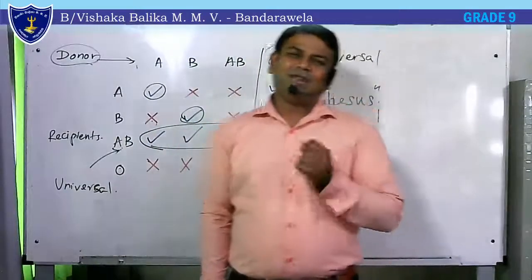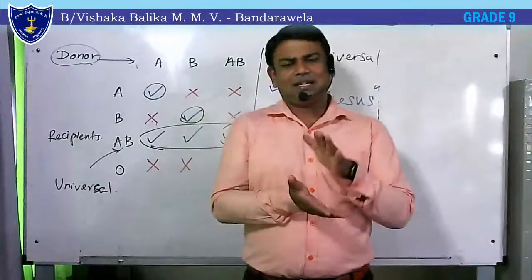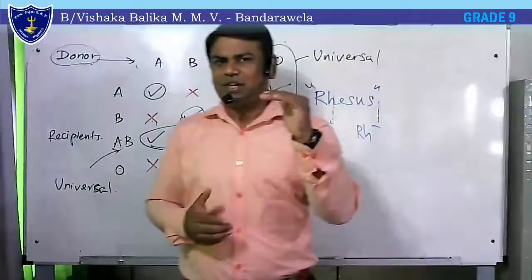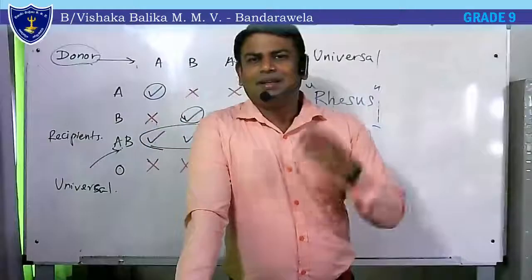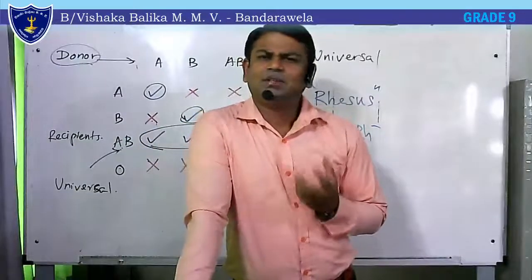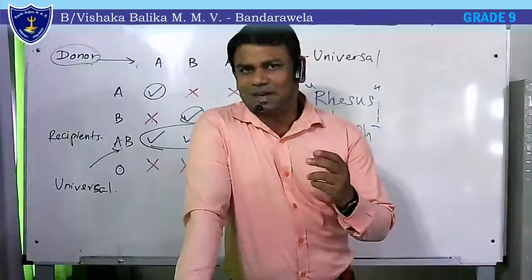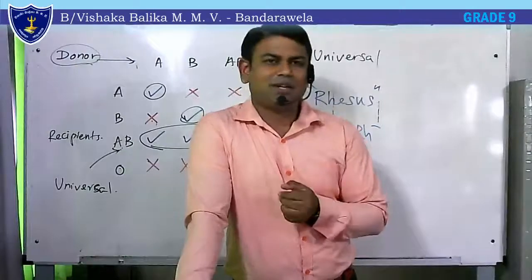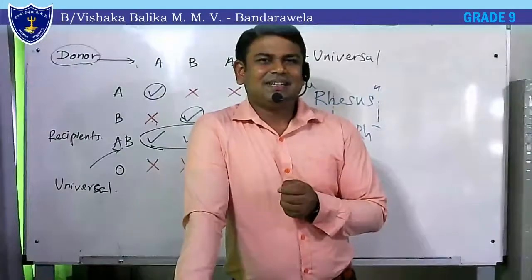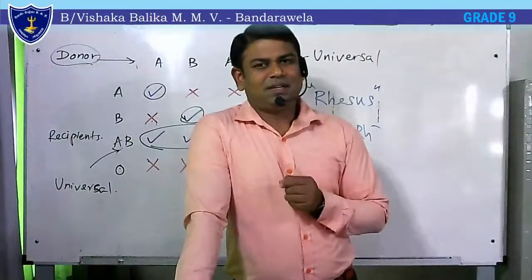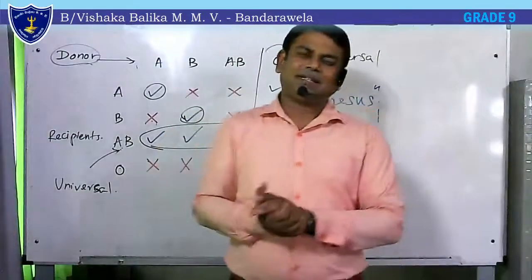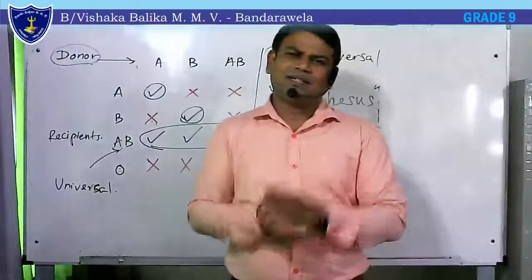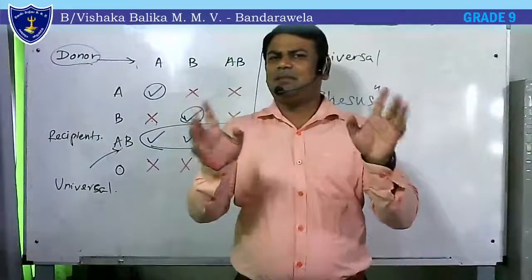Also, if that person has not completed these qualifications, he or she can't give blood. One thing, the body weight should be at least 50 kilograms. Second thing, thickness of the blood. With a simple test, they check the thickness of the blood. If your blood is not thick enough, they will not take blood from you.